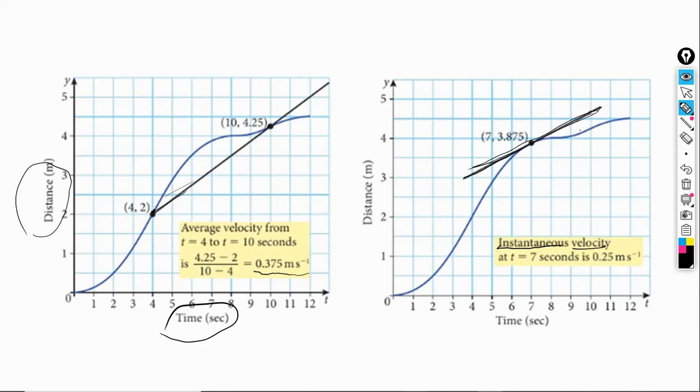So if we calculate the slope of this line, we would get 0.25 meters per second. What does that mean? That means that at that very instant, when time was equal to 7 seconds in this case, the instantaneous velocity would be 0.25 meters per second, represented by the slope of this tangent line. So that is what calculus deals with.